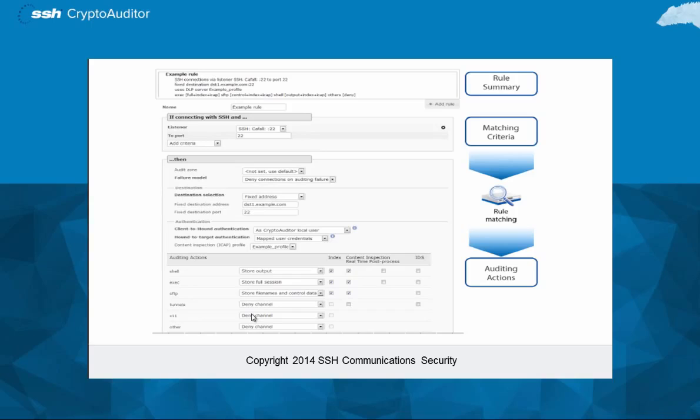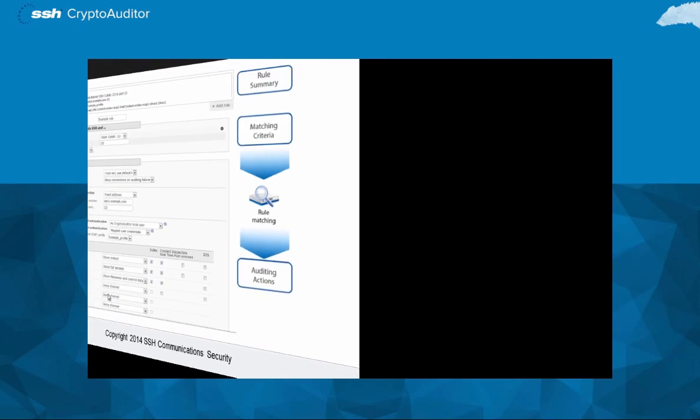CryptoAuditor iterates through the connection rule list in descending order and applies the first matching rule to the connection. Therefore, in cases where the system contains multiple rules that can successfully match a particular connection, the matching rule that is highest up on the list will be applied. If none of the rules match the connection, then CryptoAuditor defaults to relaying the connection to its destination without performing any auditing or access control on that connection.